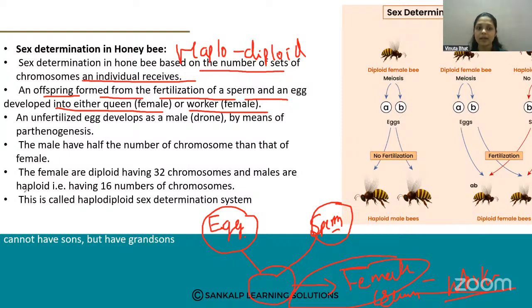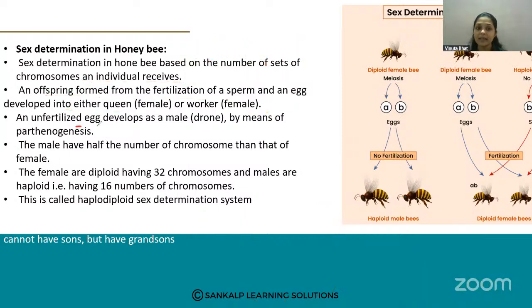If the unfertilized egg develops as a male by means of parthenogenesis, without fusion of male and female gametes, here just imagine an egg and the sperm. If this egg develops directly without fertilization, then it will develop into a male honeybee.